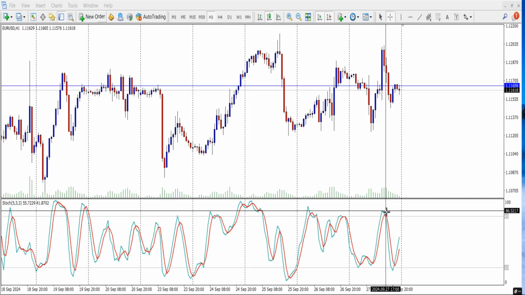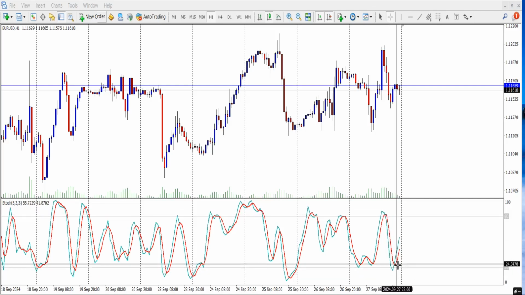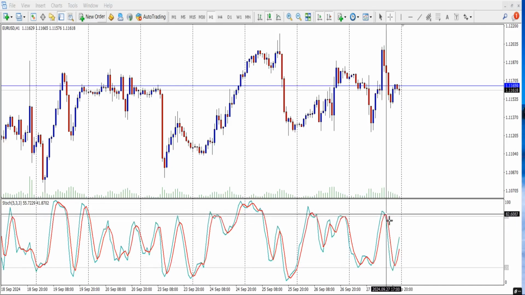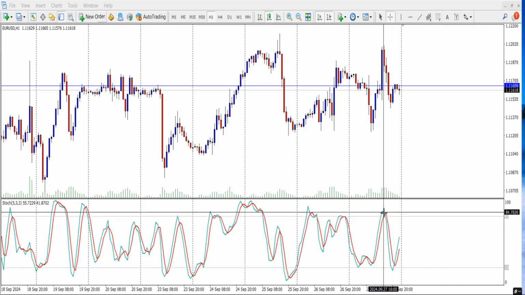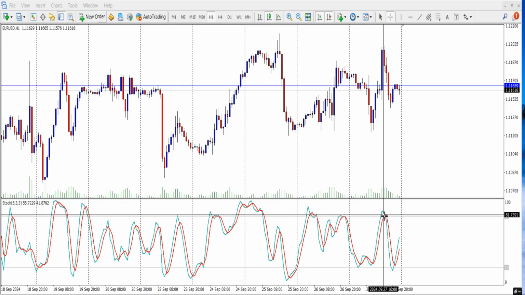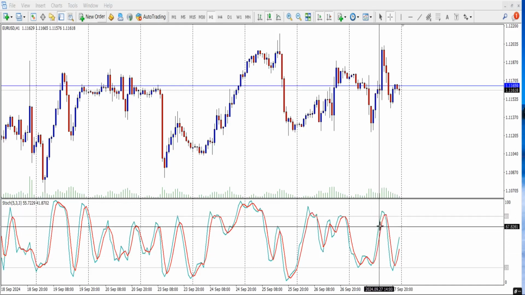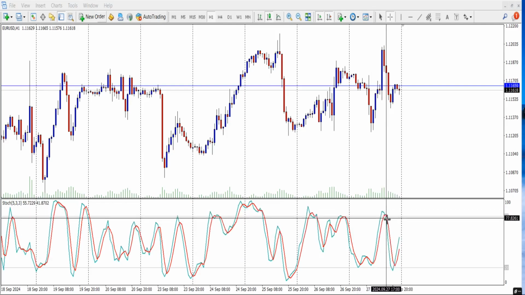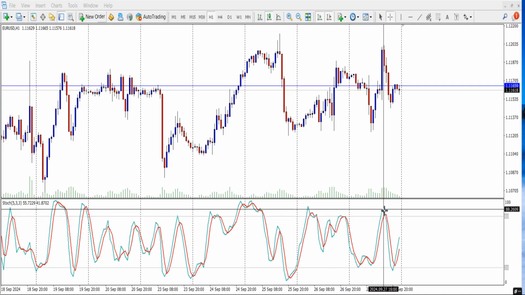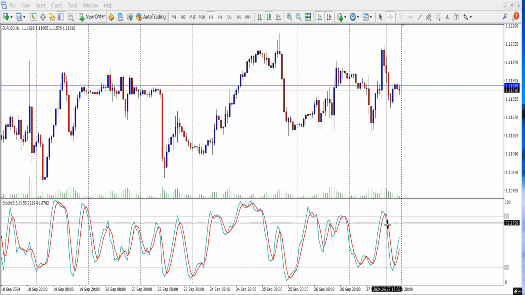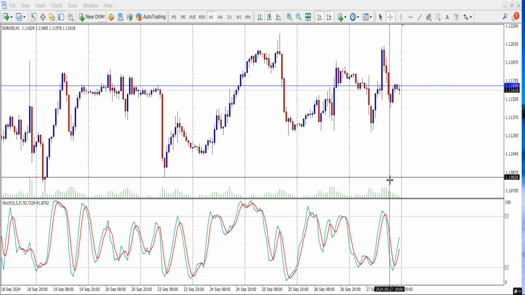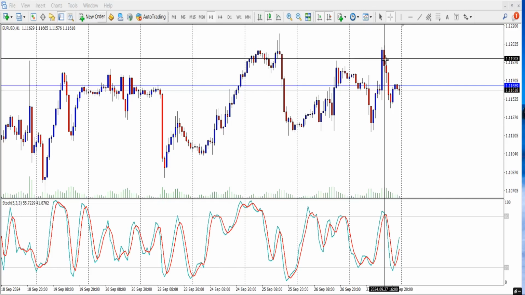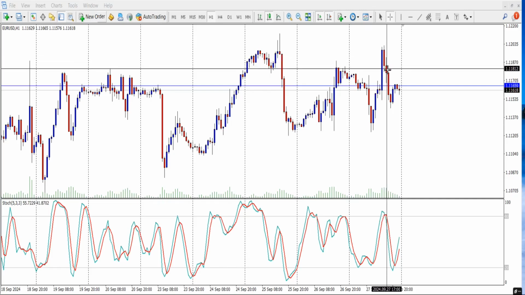Meanwhile, just before this buy signal was formed, we can see that there was a sell signal. There was a sell signal around here as the stochastic oscillator entered the overbought region and a bearish crossover happened. We can see that the main line crossed below the signal line, and after that the price of EUR/USD reacted accordingly.